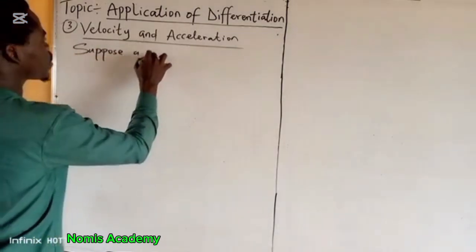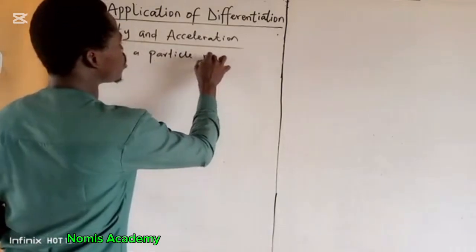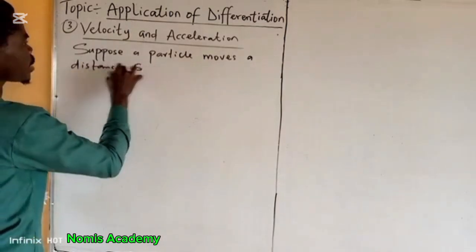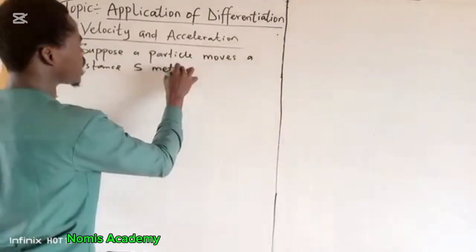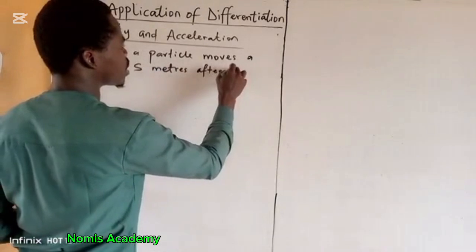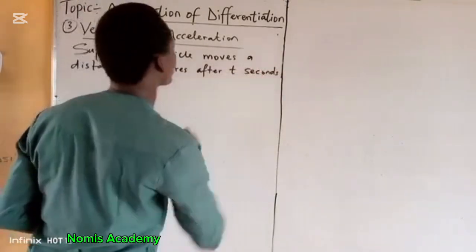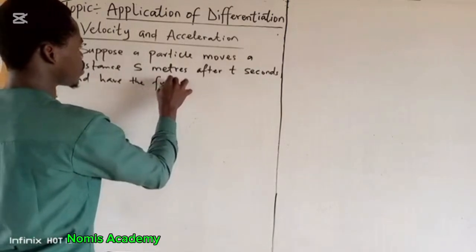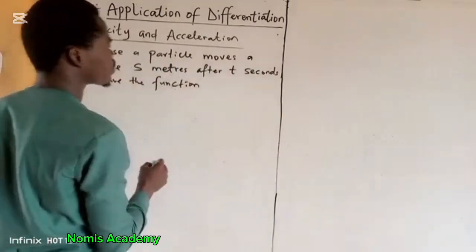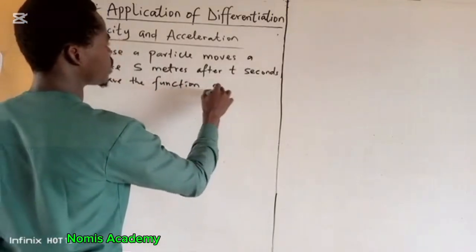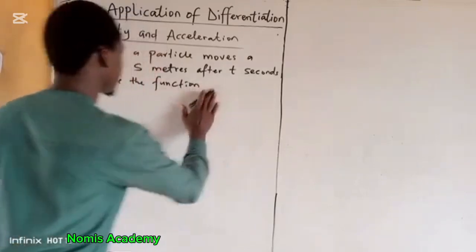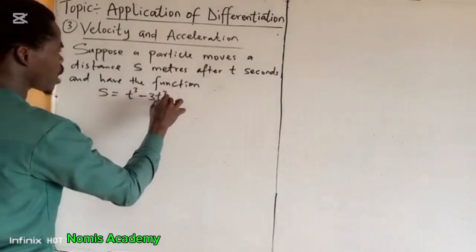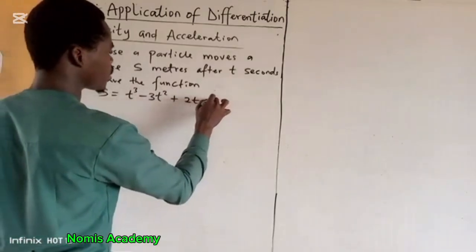Suppose a particle moves a distance s in meters after t seconds, and we have the function s equal to t cubed minus 3t squared plus 2t minus 5.